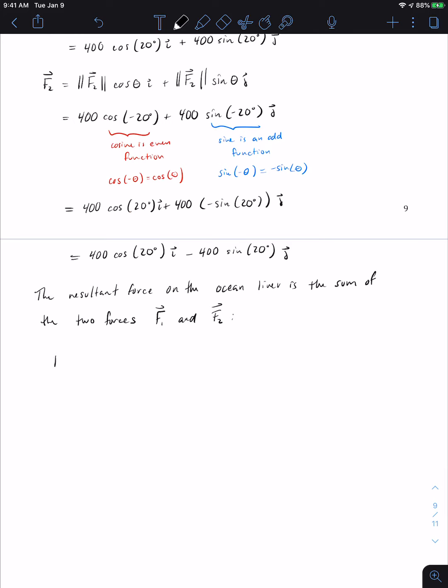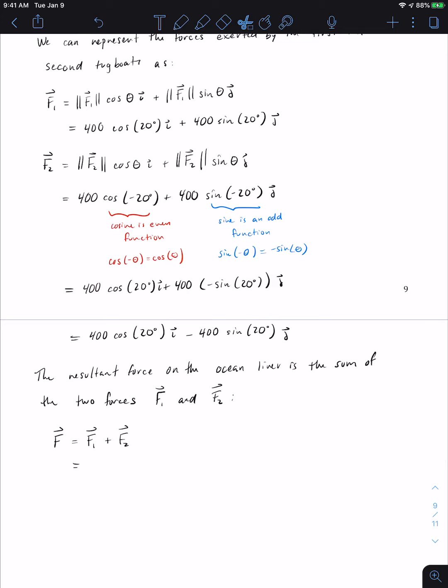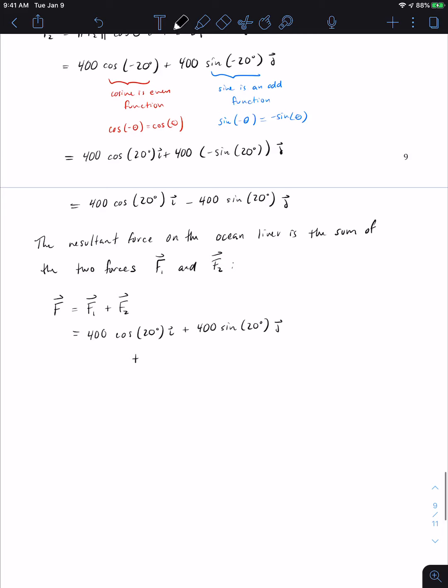So the resultant force, we'll just call it F, is equal to the first force, which is this, plus the second force, which I'm going to write down here so that we don't run out of room, which is this one.